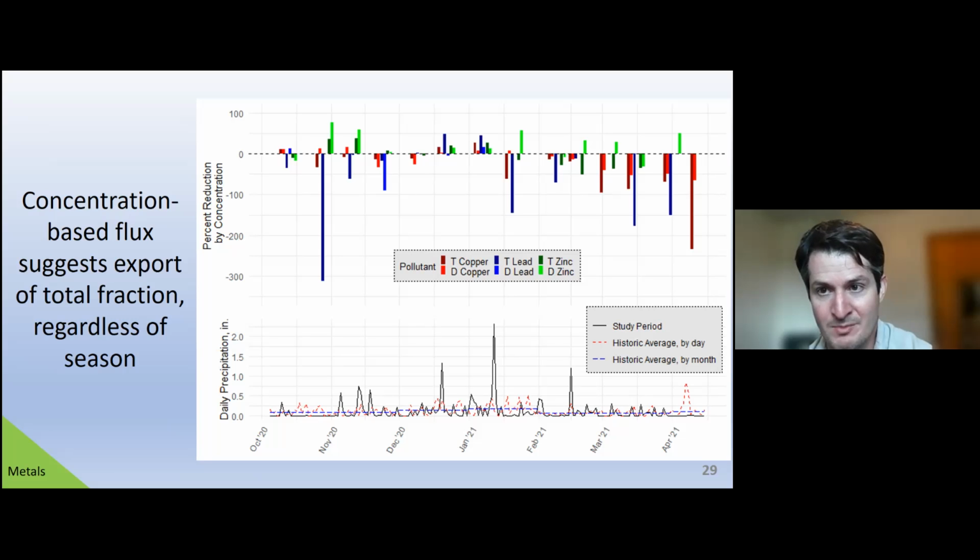We get a lot of export of nearly all of the metals and all of the fractions, with the exception of zinc, somehow always being pretty well retained, probably because it's maybe solids associated more so than the other metals.